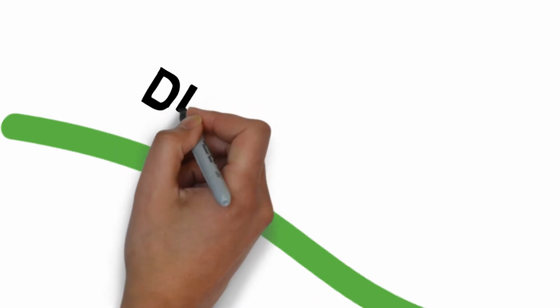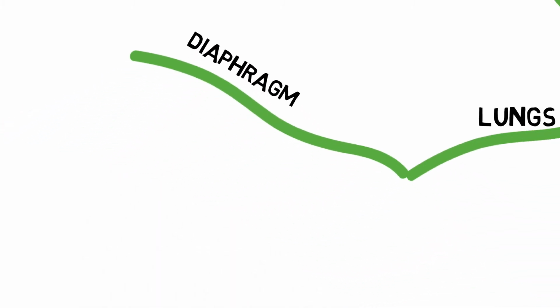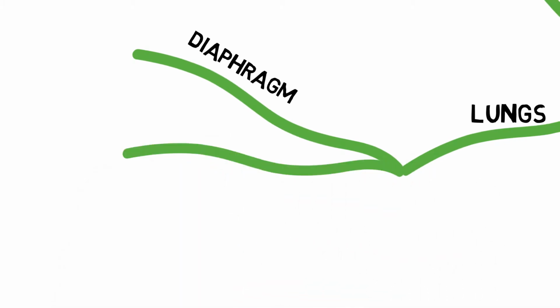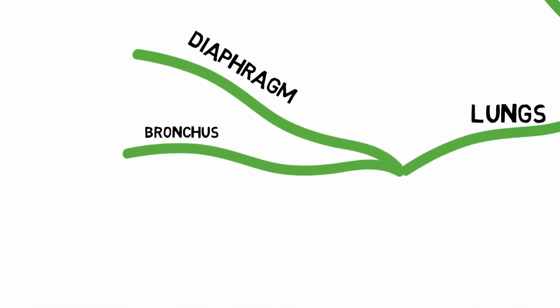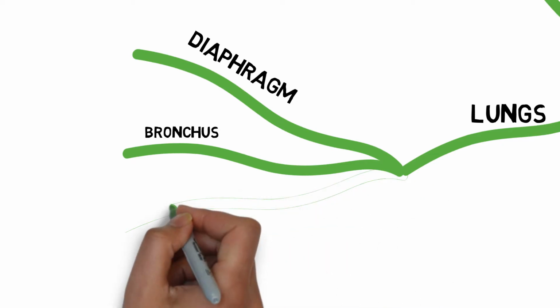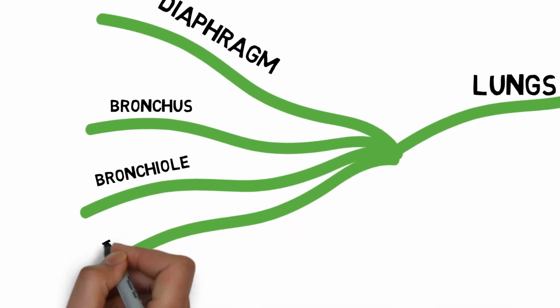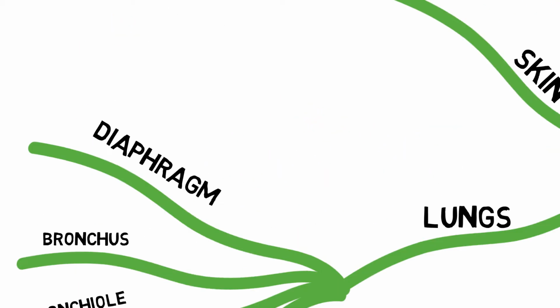So in the lungs, we have the diaphragm, so you can have one small baby branch from the lungs, and then we can write there the diaphragm. Then we can have another one, and we can write there the bronchus, and then we can have another one, the bronchioles, and the trachea. So these again are the 4 main components for this particular topic when you talk about the lungs.